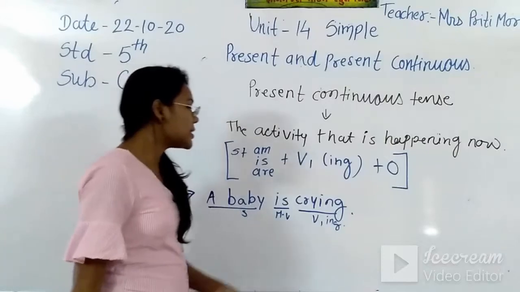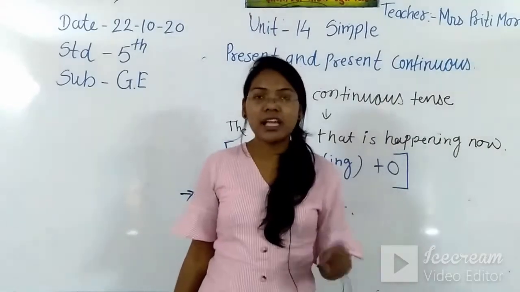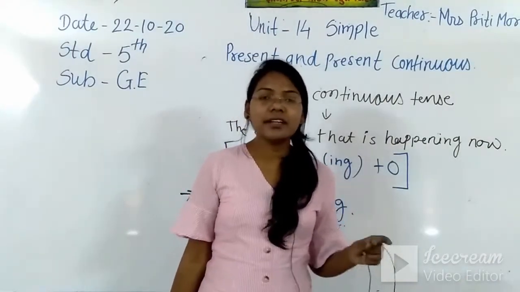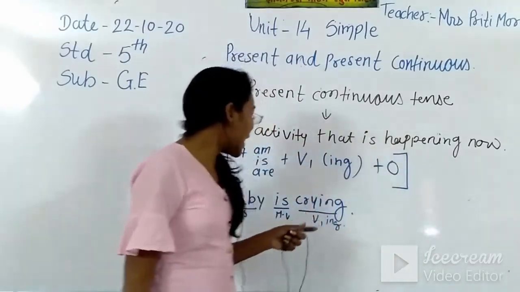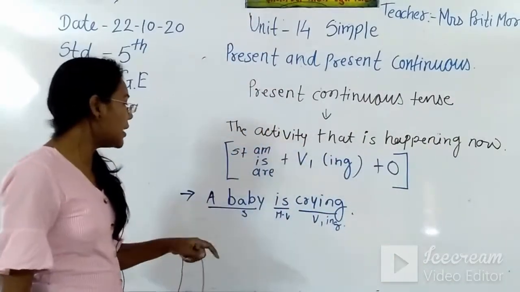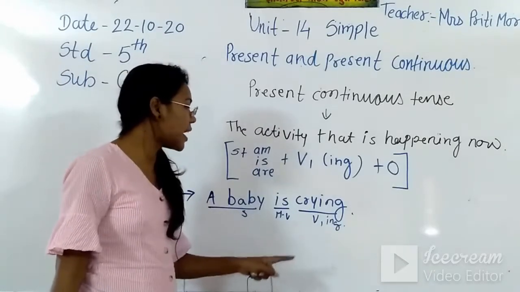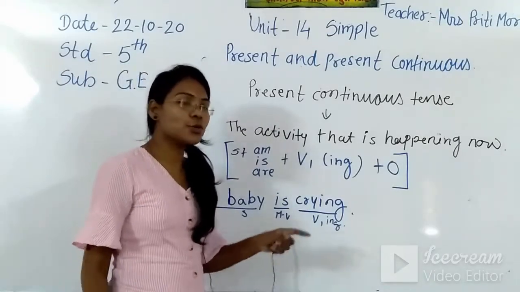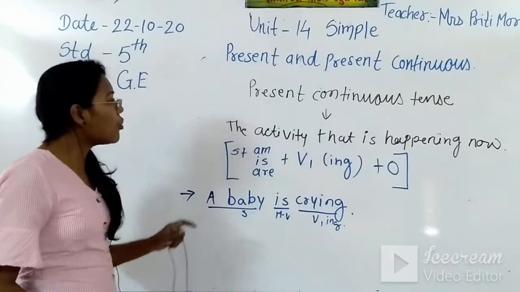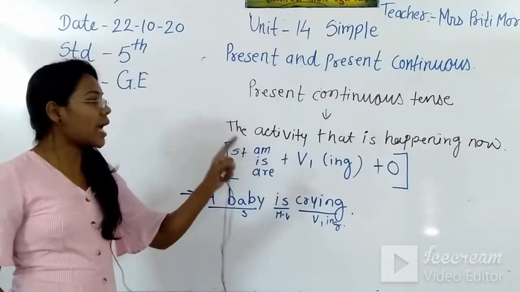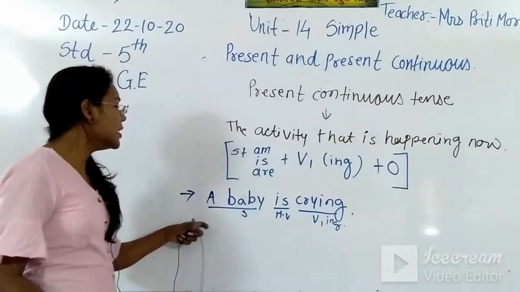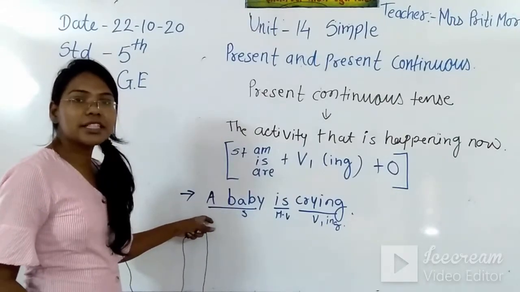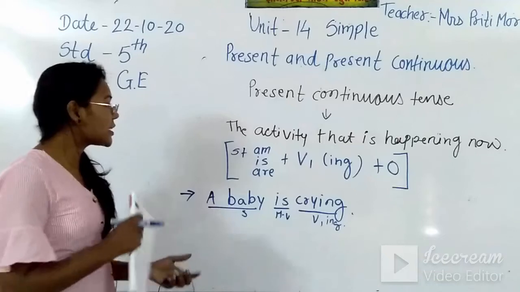So, the baby is crying means the crying action is happening right now, it is going on right now. To show the activity that is happening now, we use the present continuous tense, and here the example is: a baby is crying.